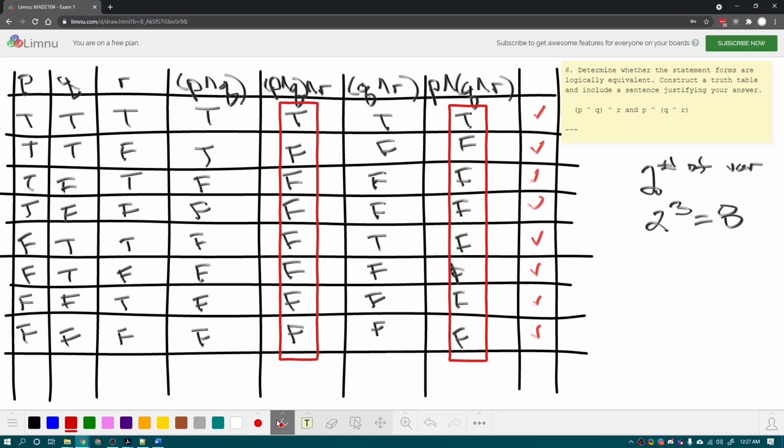Okay? So finally, as the answer, construct a truth table and include a sentence justifying my answer. Yes.